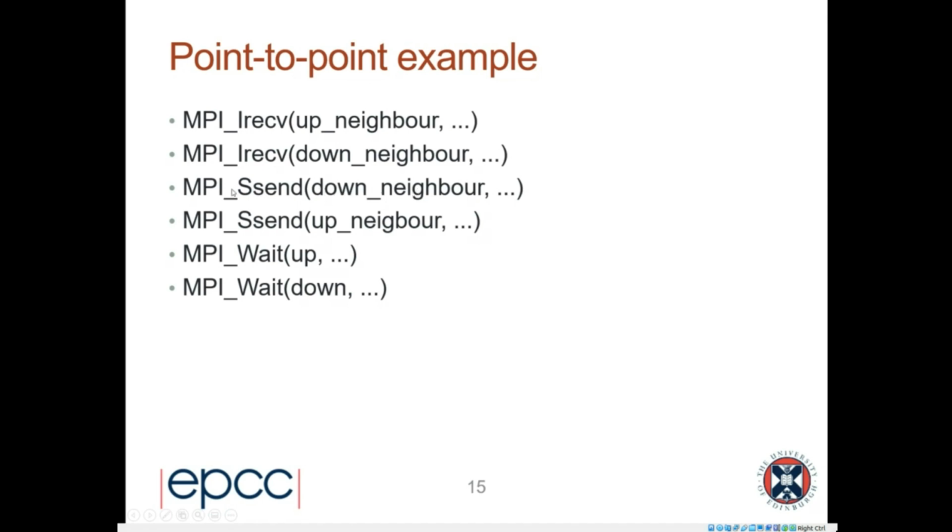Now imagine that my down neighbor is not ready yet. So what I could do is say, well, I'll do nothing, but wait until that receive is posted. But my down neighbor might also be doing a synchronous send.